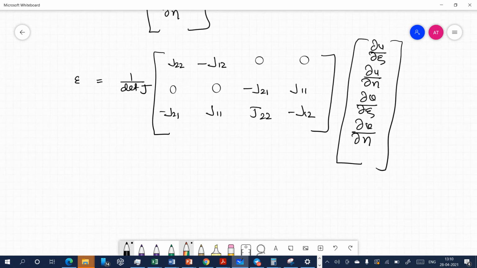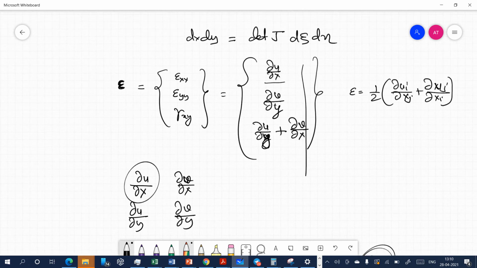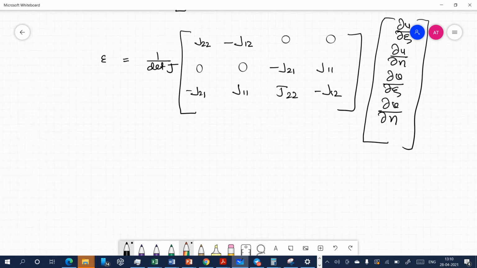So you see what will happen. If you have to find out the first term of the strain, how many terms are there? We have 3 terms in the strain matrix, right? So the first term of the strain matrix is del u by del x. So our first term of the matrix is epsilon xx, which is del u by del x. And how are we finding it?